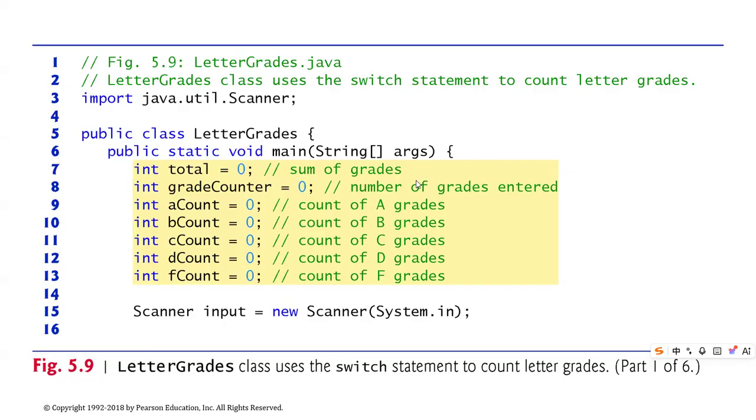At first sight, this program is counting how many A, how many B, how many C in this class, right? So let's move forward. And then it declares a scanner object input to read the user input.